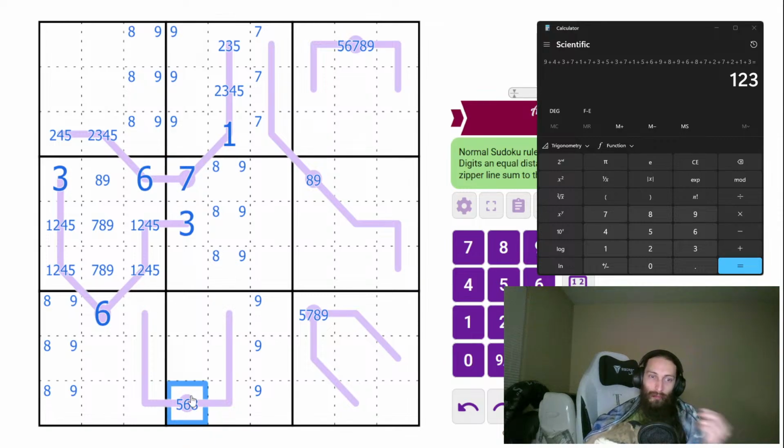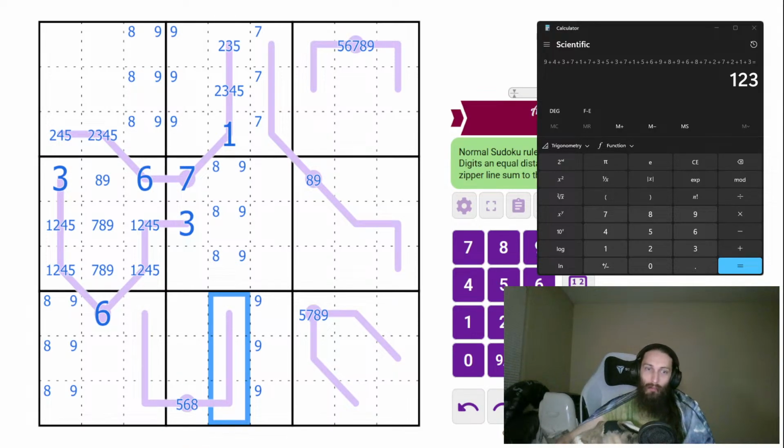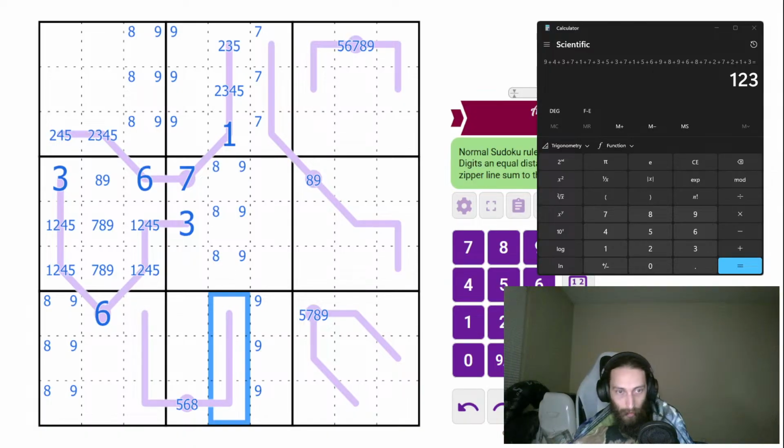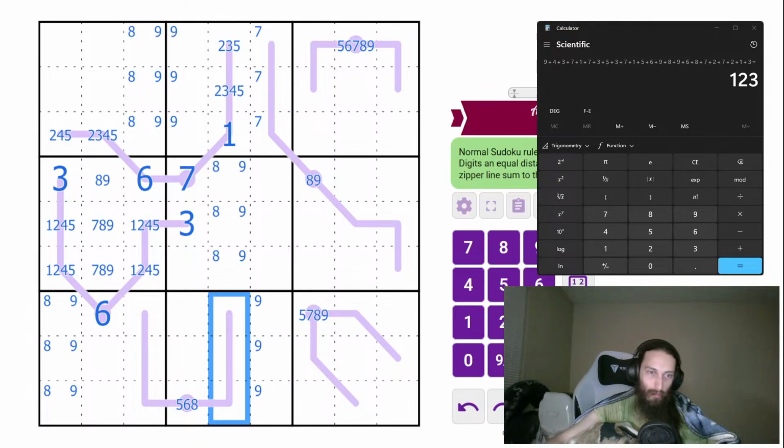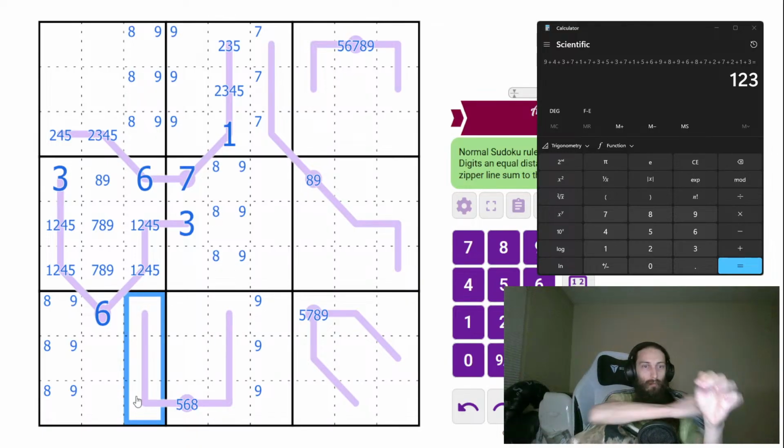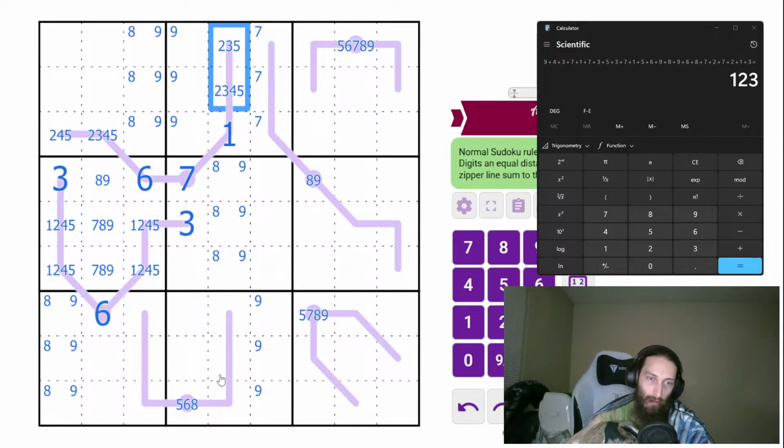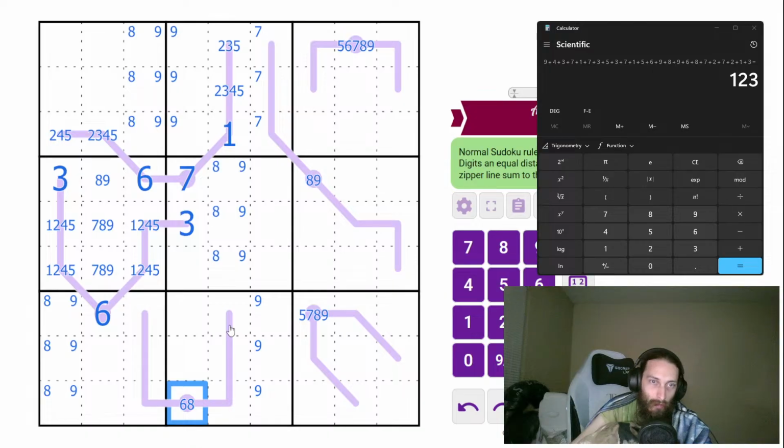Can I still do a 5 here? I don't think so, because the 1s would be gone. But that would be 2, 3, 4 on this side, which would still be allowed, I think. No, it would not. Look at the top of the column. Oh, right. And that would make those both 5. Yeah.